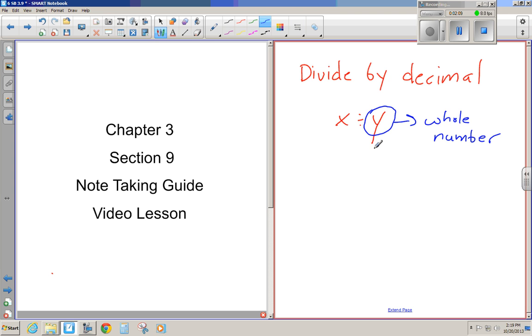So if y is 2.3, you have to make it a whole number. And you can do that in two ways. Method 1, just move both decimals the same amount.